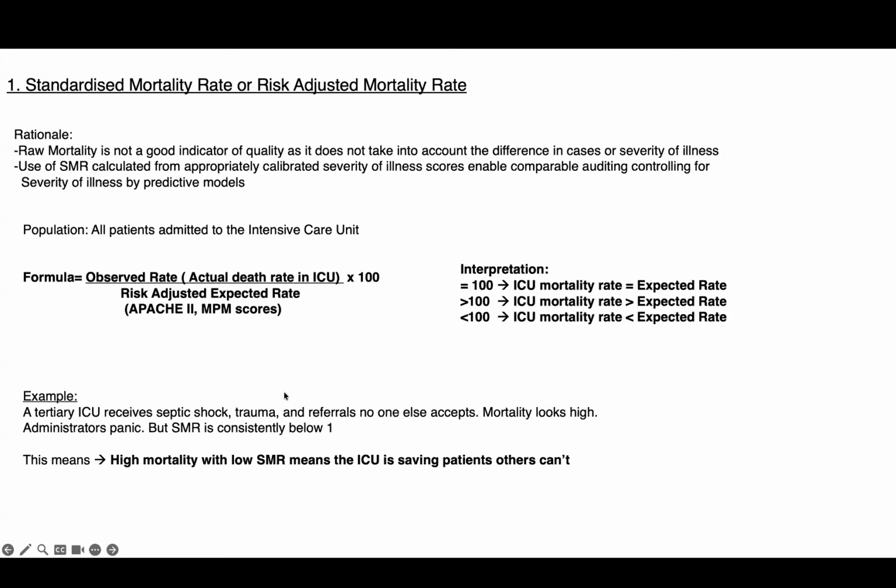But when you look at the SMR, it is consistently below 1. What that means is high mortality with a low SMR means the ICU is saving patients others can't. So that is the significance of this. Without SMR, ICUs learn to avoid sick patients instead of saving them. So this is an important message that you need to keep in mind.